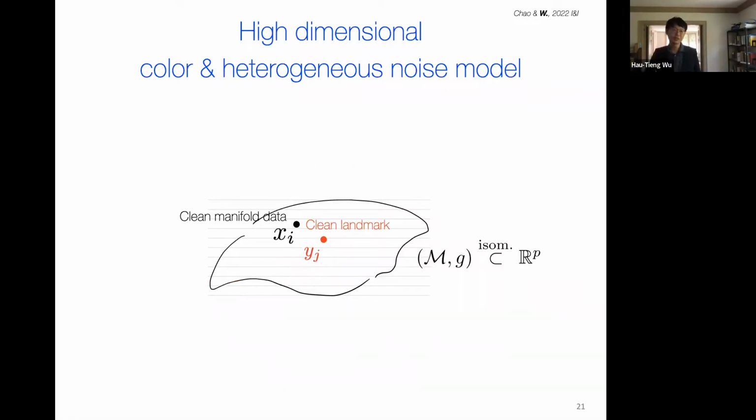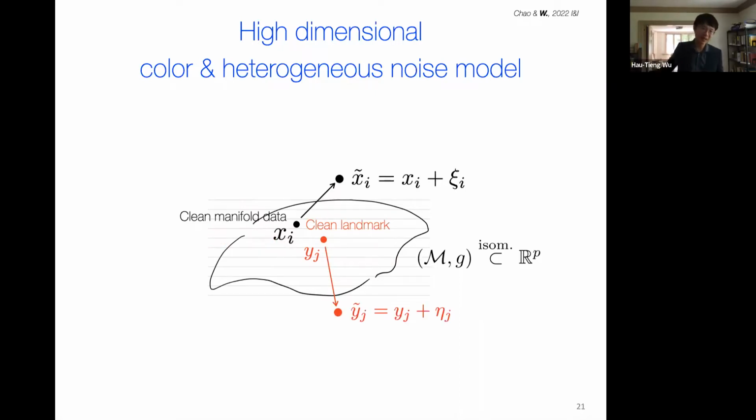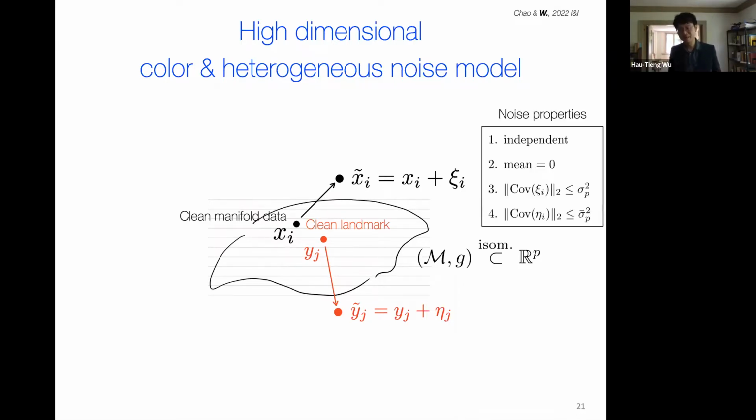And now we consider a high dimensional colored and heterogeneous noise model. What we have is, if you have X and Y, they are on the manifold, they are clean data. Now, nature is evil, right? We get some noise. So we get Xi tilde and Yj tilde. And we make some assumptions, otherwise we cannot do anything.